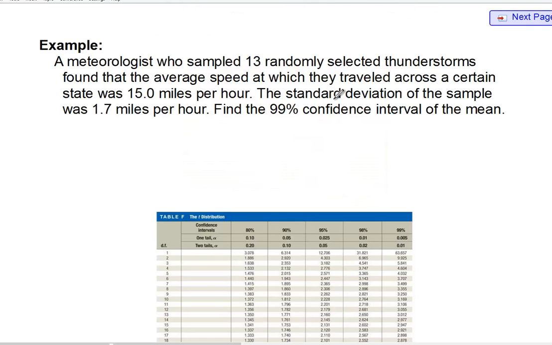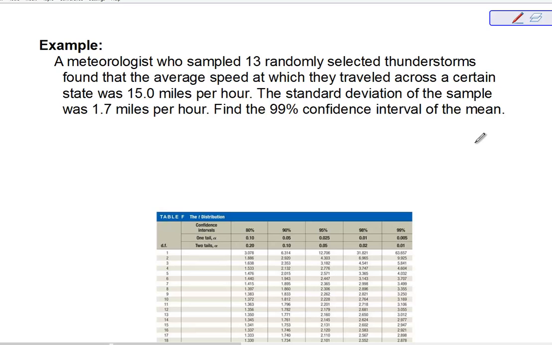A meteorologist who sampled 13 randomly selected thunderstorms found that the average speed at which they traveled across a certain state was 15.0 miles per hour. The standard deviation of the sample was 1.7 miles per hour. Find the 99% confidence interval of the mean.